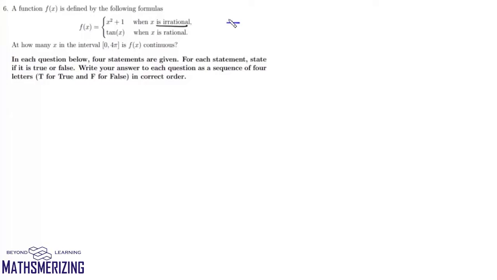So this function will be discontinuous at all the points except the points where the value at irrational is the same as the value at rational. So this function will be continuous at points where x square plus 1 is equal to 10x. All we need to do is find the number of solutions of this equation in the interval 0 to 4 pi. So we'll draw the graphs.